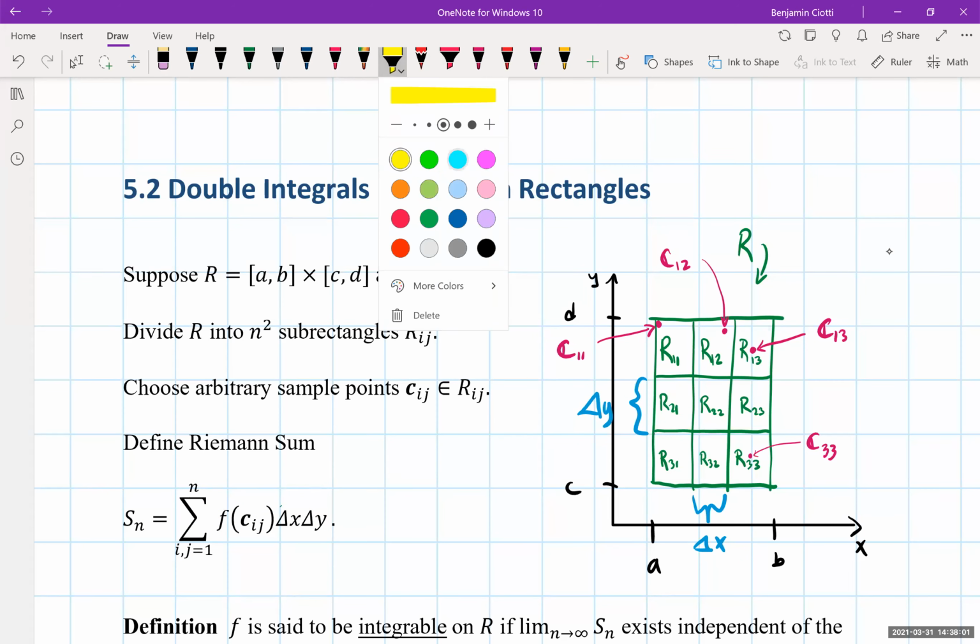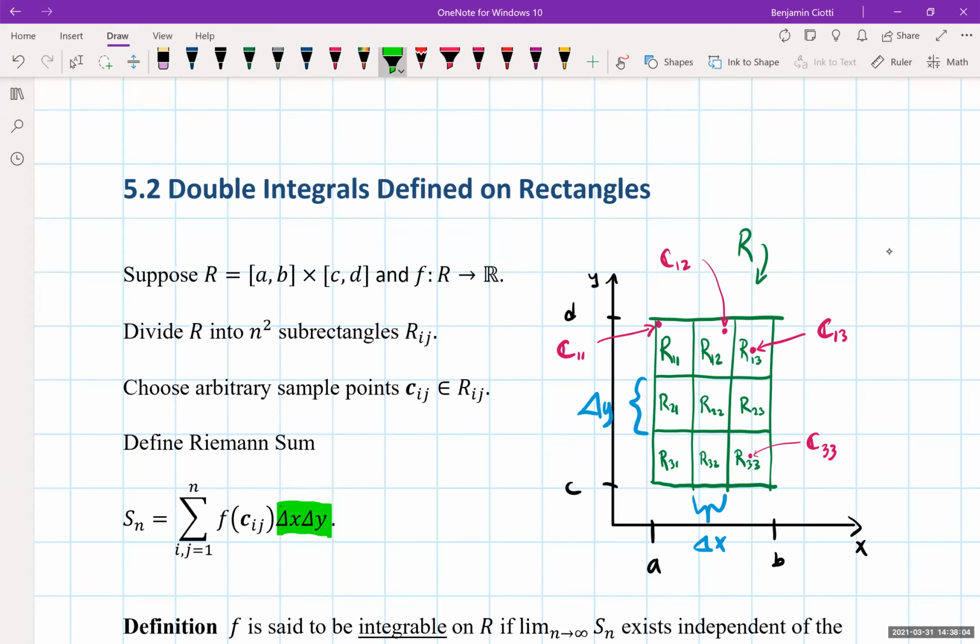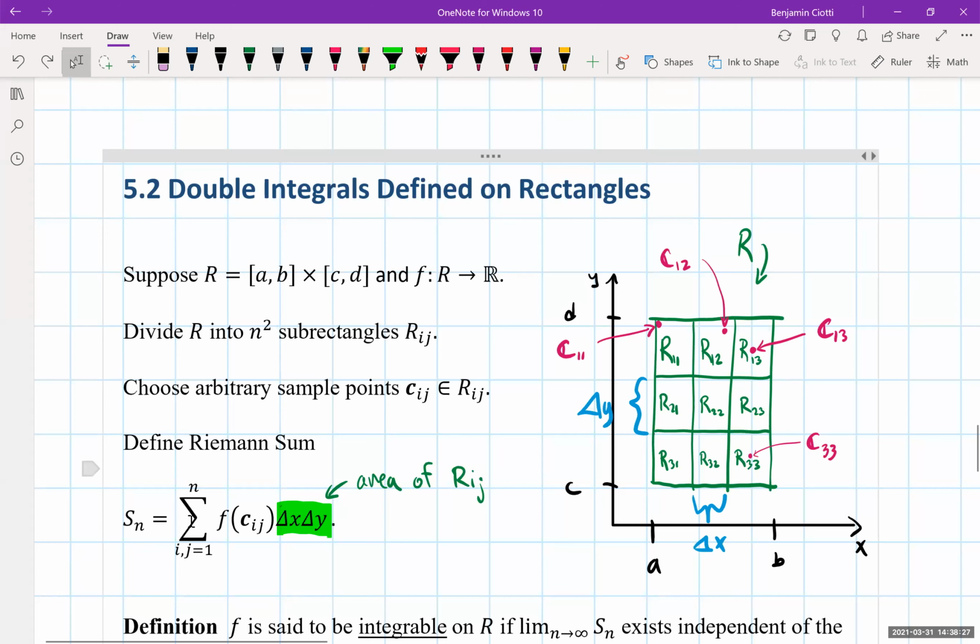Delta x delta y, by the way, is exactly the area of the subrectangle, the area of R sub ij. They all have the same area. Their width is always delta x, and their height is always delta y. So this right here is like a two-dimensional Riemann sum.